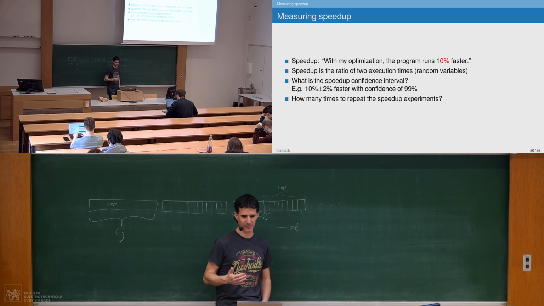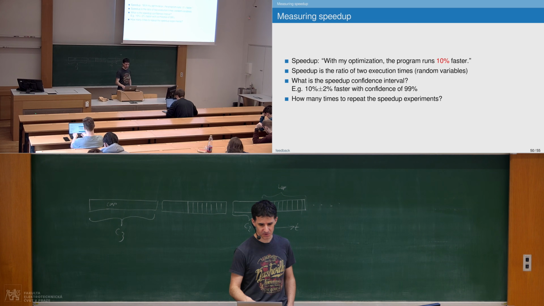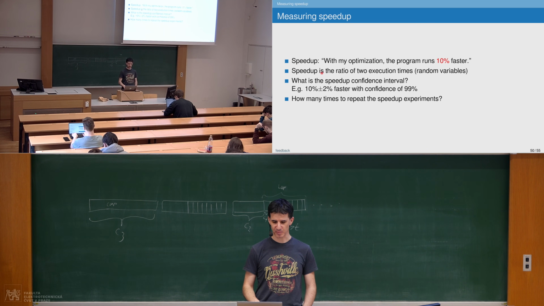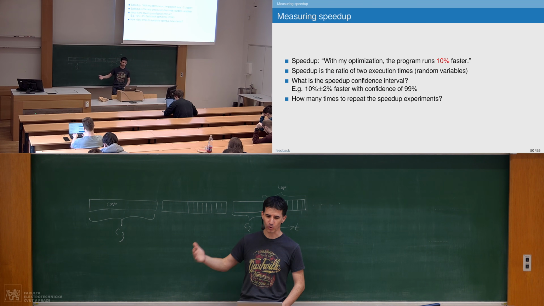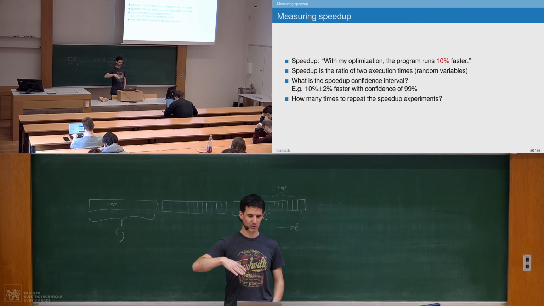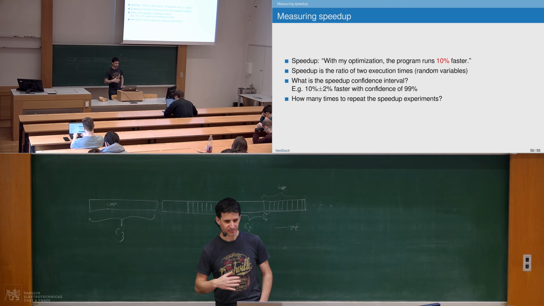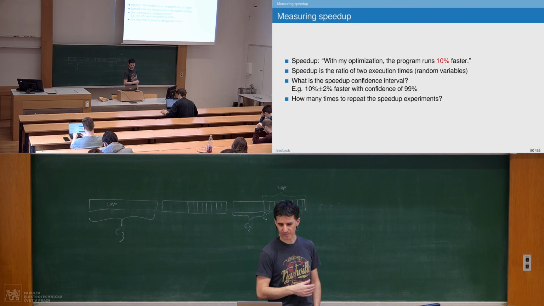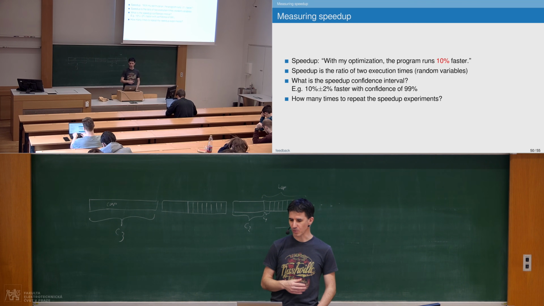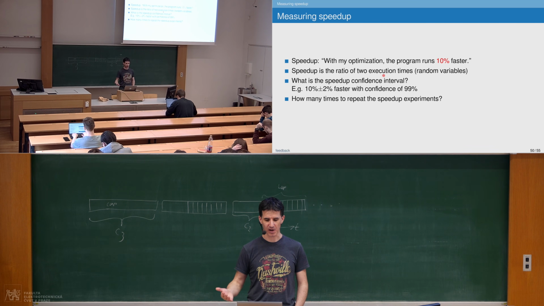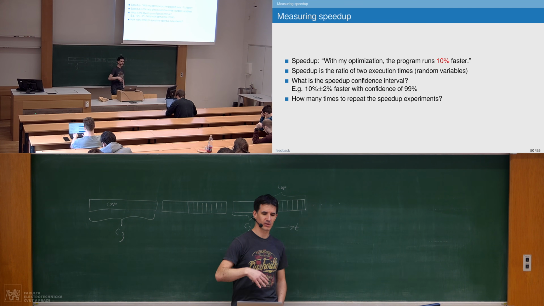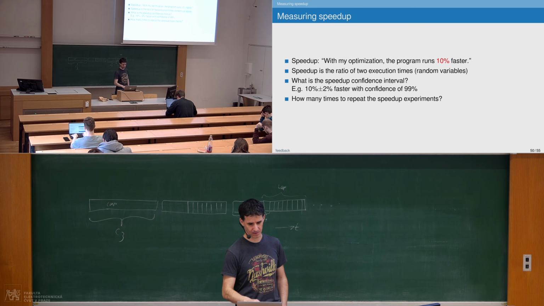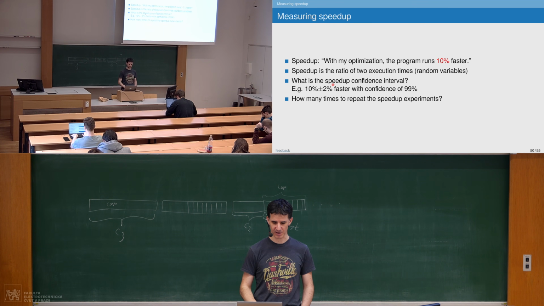And because this speed up is a ratio of two numbers, like the execution time of the old program and the execution time of a new version of the program, both execution times are random variables. The ratio of two random variables is also a random variable with some confidence interval.